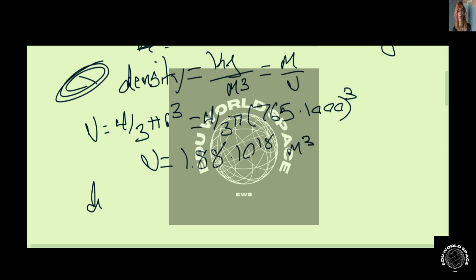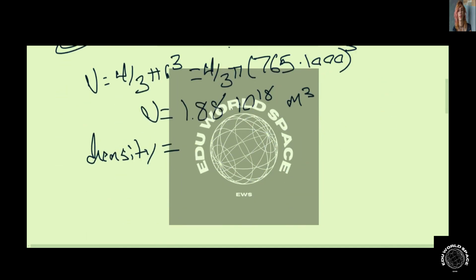So again, in order to get density, we're going to take the mass that we have, which is 2.44 times 10 to the 21st. We're going to divide it by our volume, meters cubed.